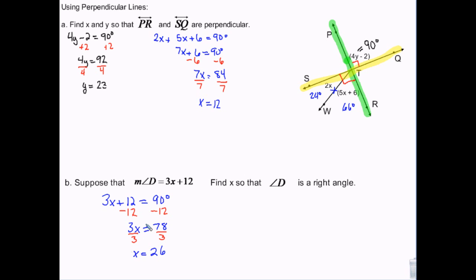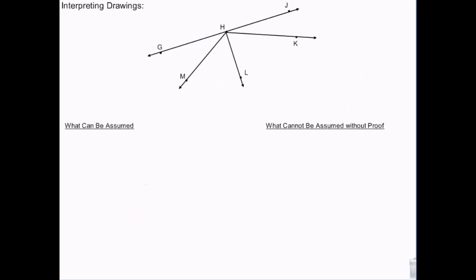Now, looking at this picture, I can assume that all of these points are coplanar, because they are drawn on like a flat surface. And that's what coplanar means, is all are on the same plane.